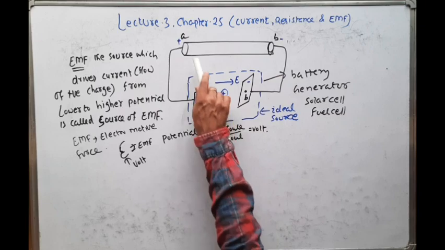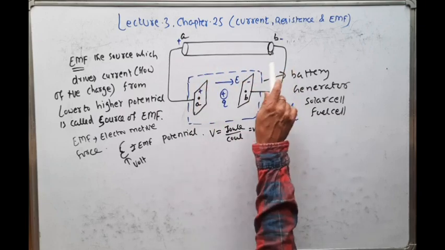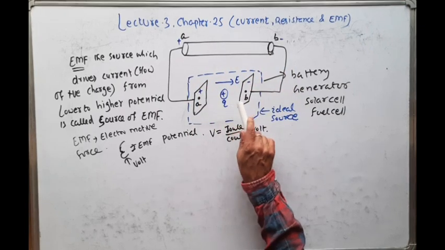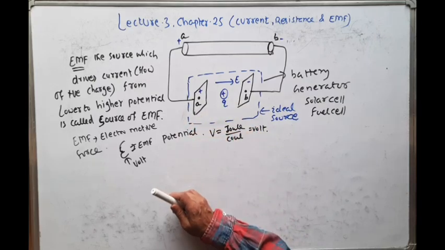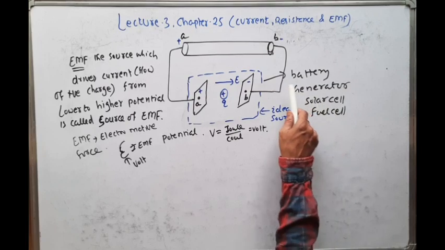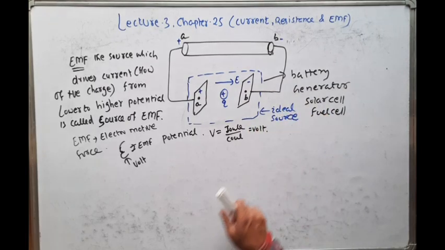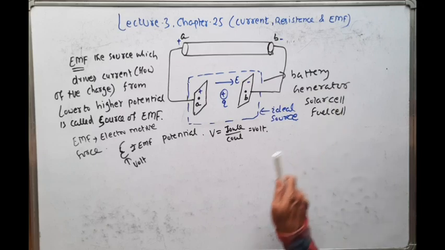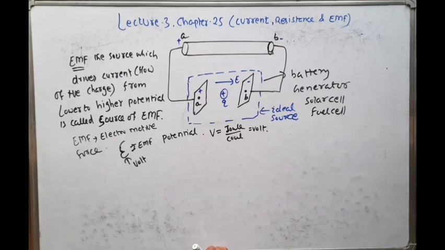Positive charge flows along the direction of the electric field, but the source will send the charge from lower potential to higher potential by some mechanism. Here we are using different types of source: battery, generator, solar cell.